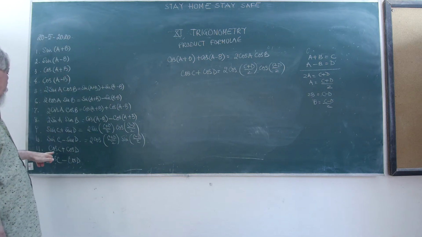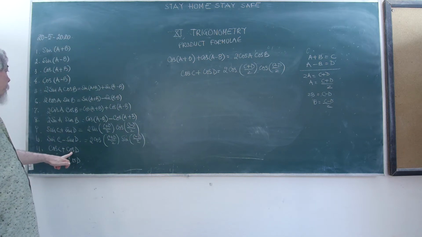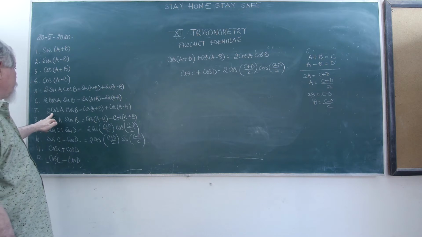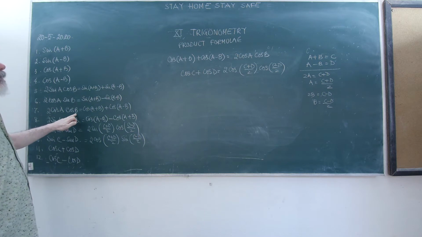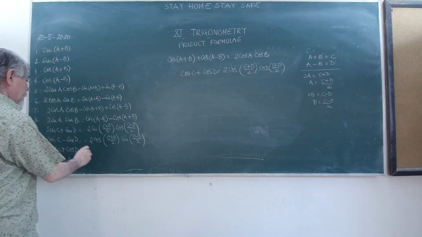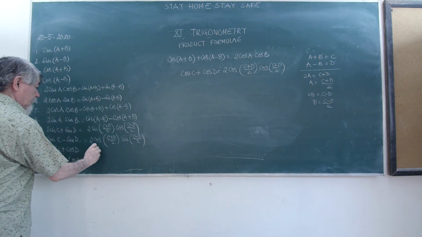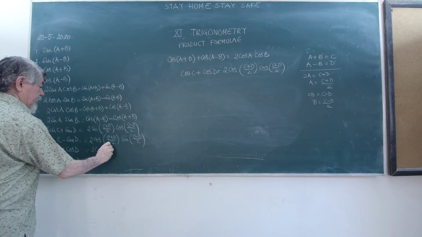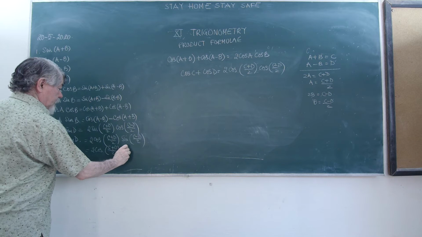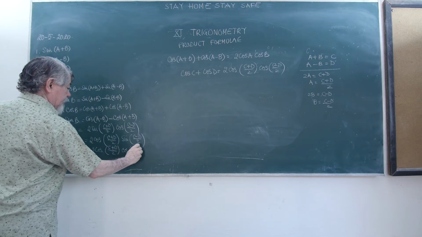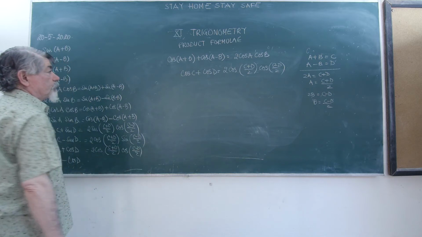Here it is. Because cos A plus B plus cos A minus B was 2 cos A cos B, so we obtain 2 cos C plus D upon 2 and cos C minus D upon 2.